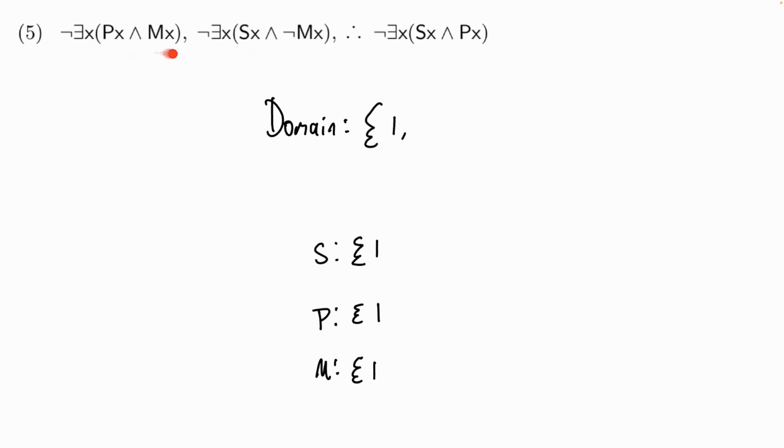But what about the first premise? To make it true, we have to make there is an x such that px and mx false. So we can't have anything that's both p and m. But here we have something that is both p and m. So that makes there is an x, px, and mx true, which makes the negation of it false.